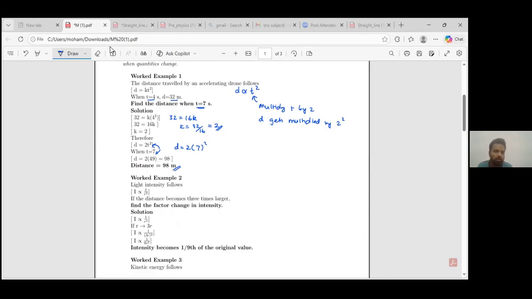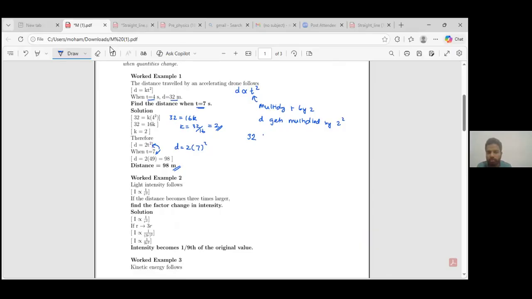Right? So now you can see we can do it like this. I can just write the relationship. The proportionality relationship is d is proportional to t squared. So I can write that relationship, and then they've said for t equals 4, d is 32.